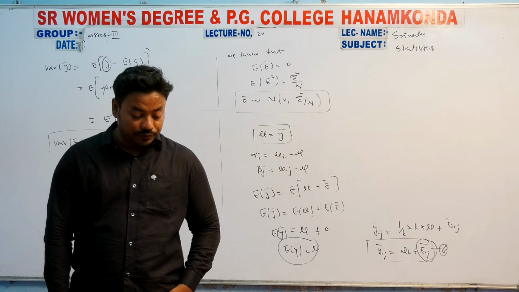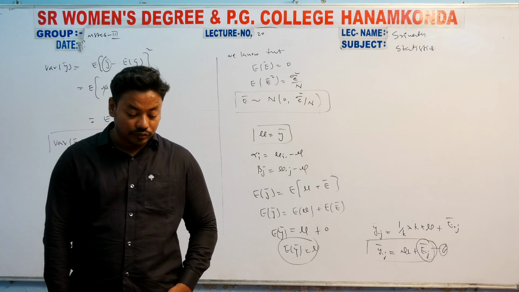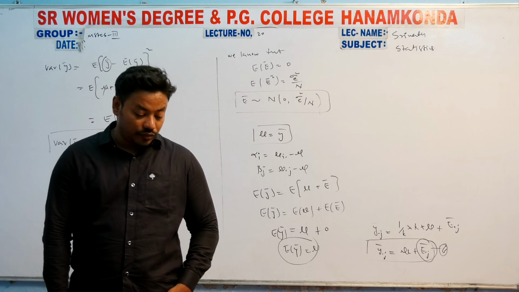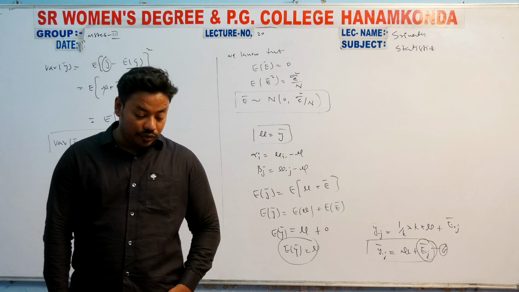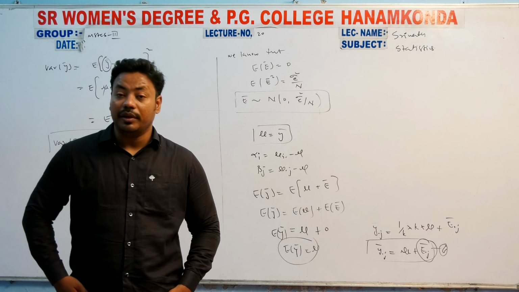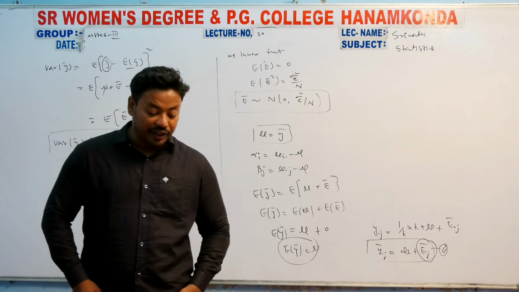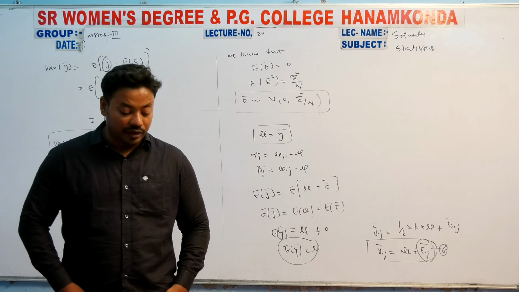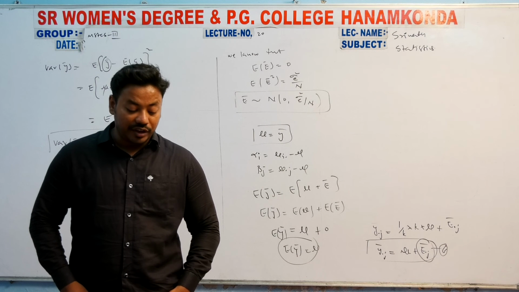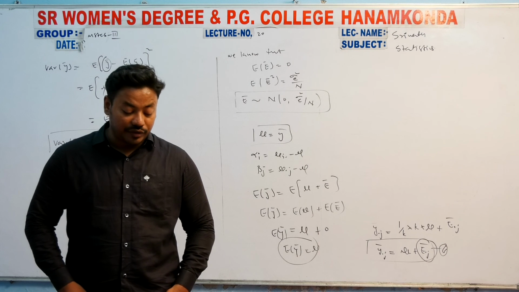And the covariance of a comma b is generated as 0, then we will get the variance of Ei dot bar plus variance of E bar.